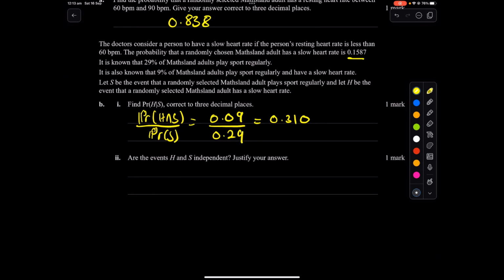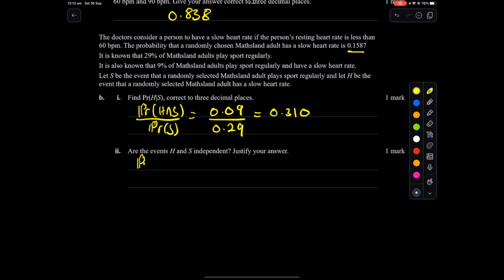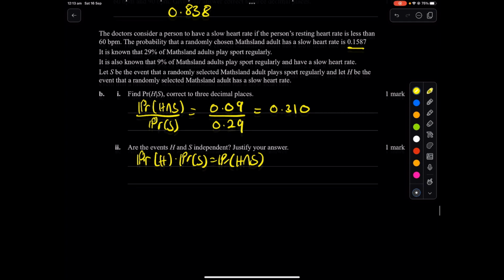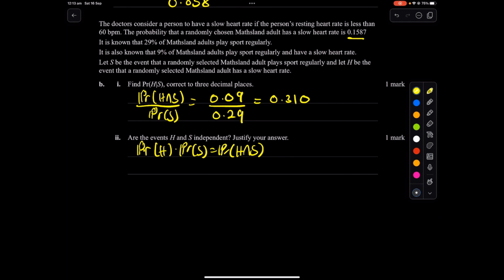Are events H and S independent? So are we saying that the probability of H times the probability of S should equal the probability of H intersection S? Is that true? Well, what can we know?